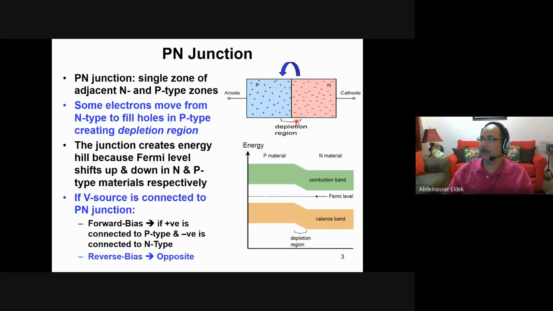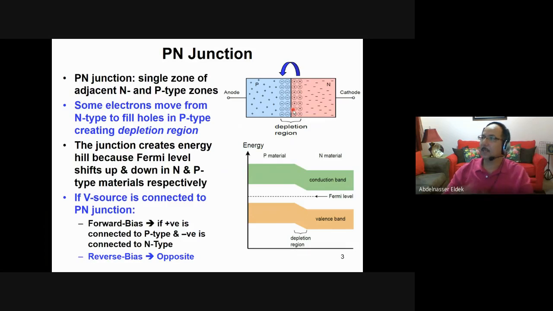So what happens is that in this region, in this line between them, the electrons will move from this side to this side to fill the holes. So again, all these electrons will go to fill the holes. This is what happens when we have P and N beside each other.